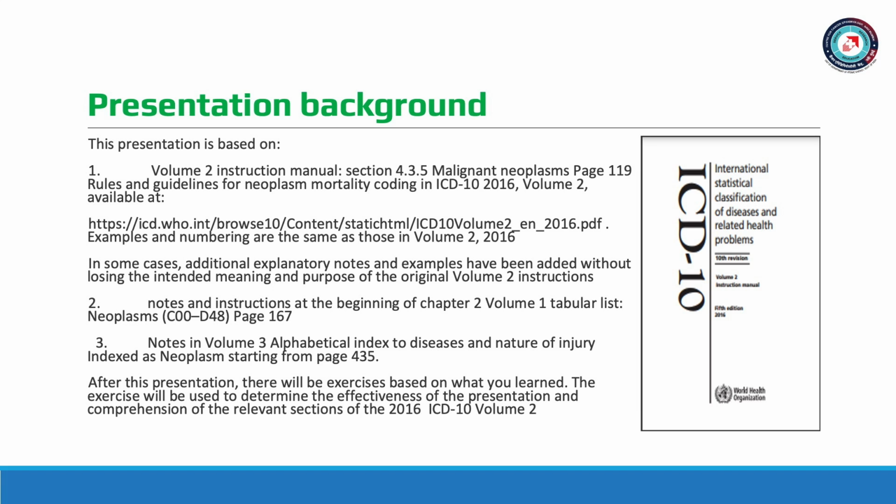Notes and instructions can also be found at the beginning of Chapter 2 in Volume 1, Tabular List, specifically focusing on neoplasms, that is C00 to D48 on page 167. Further notes can be referenced in Volume 3, specifically in the alphabetical index to diseases and nature of injury, indexed as neoplasm starting from page 435.